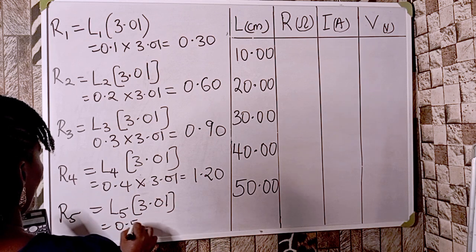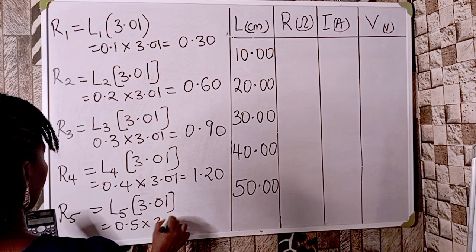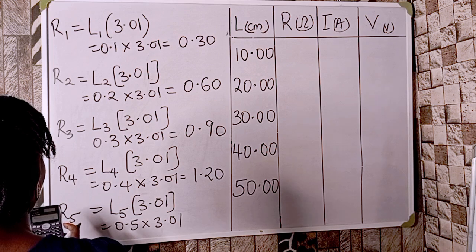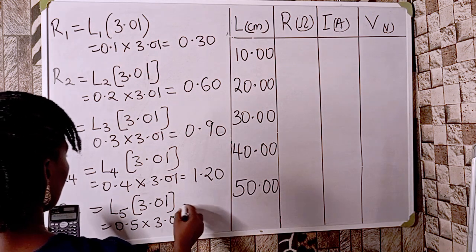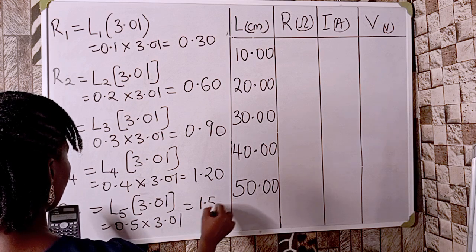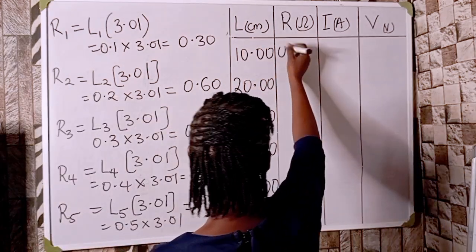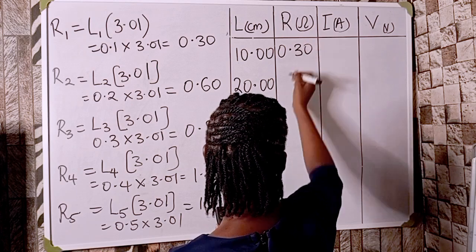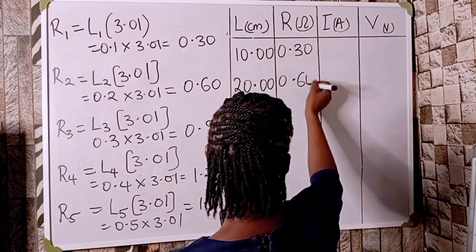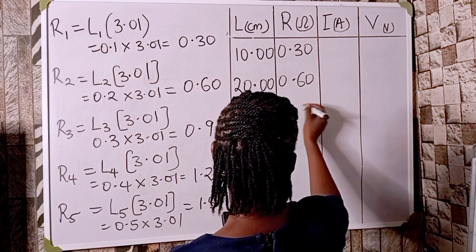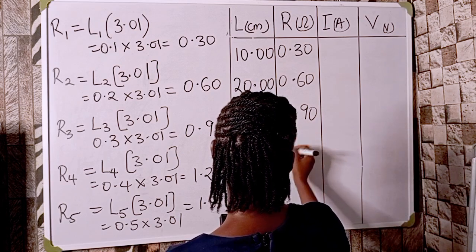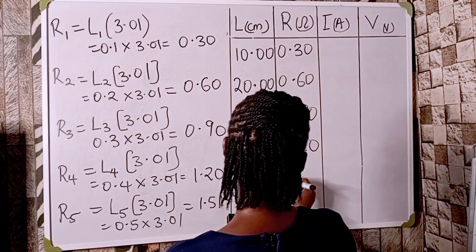So we have 0.5 times 3.01 equals to 1.51. So we're going to replace all into our values: 0.30, 0.60, 0.90, 1.20, 1.51.